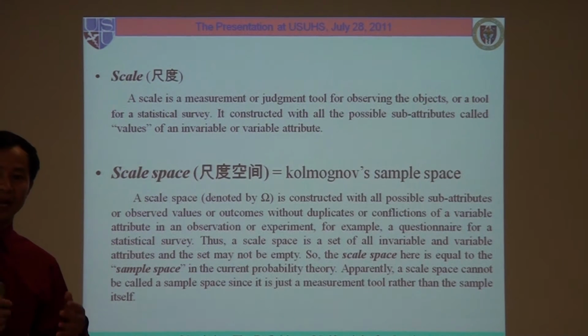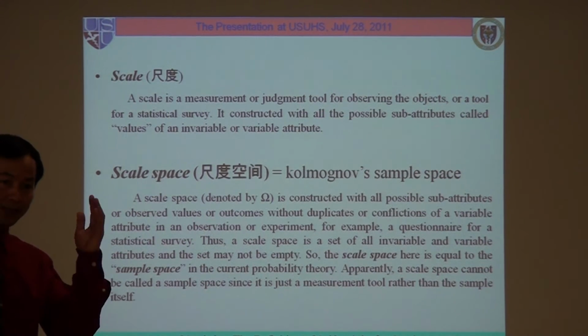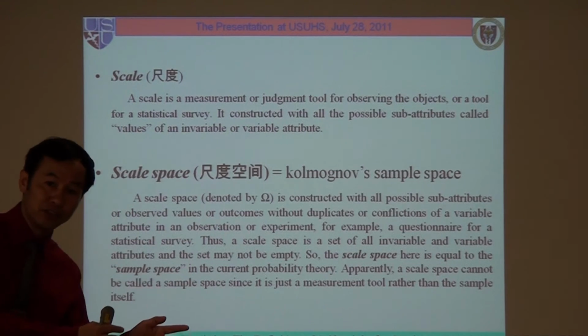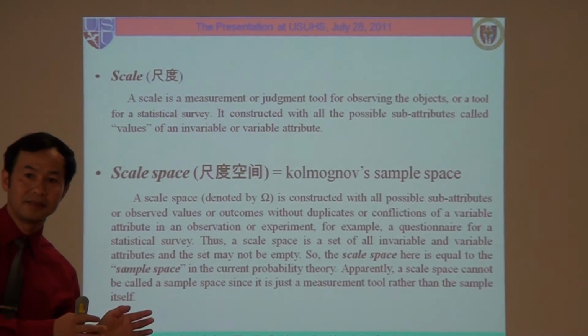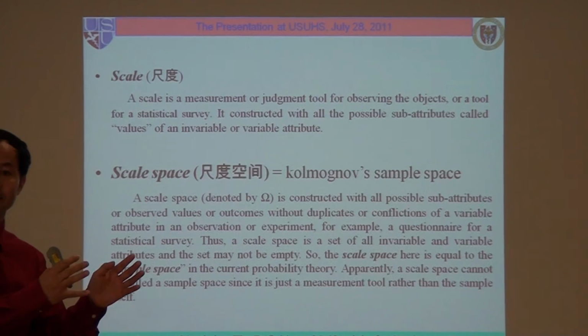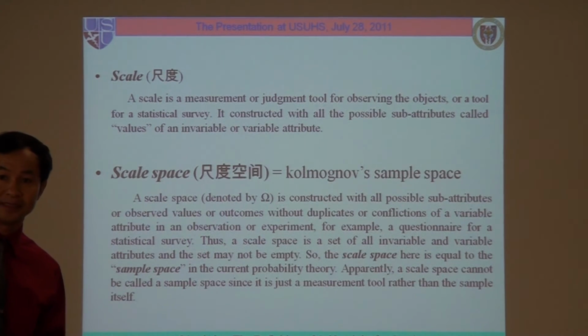Yeah. In my opinion, a sample is equal to the sample space. But the sample space is the sample itself. A sample space must be the sample itself. Okay, so in the universe, there's a space. Yeah. Okay, and you're differentiating the sample that you take from the space out in the universe.